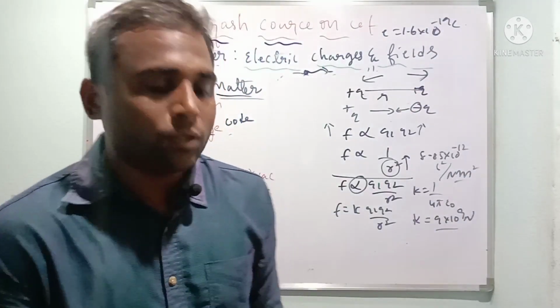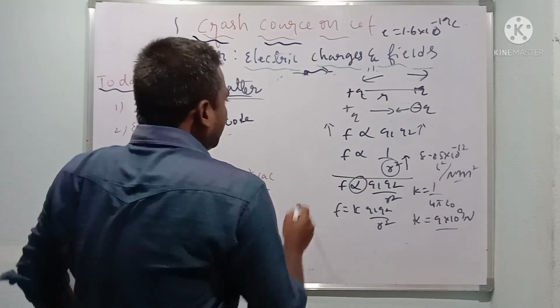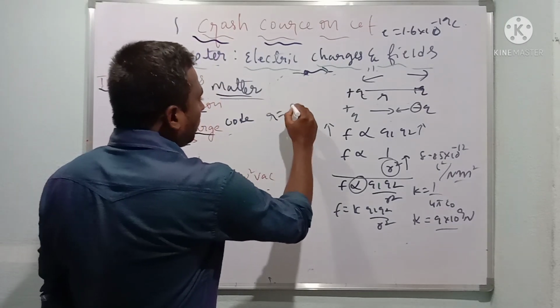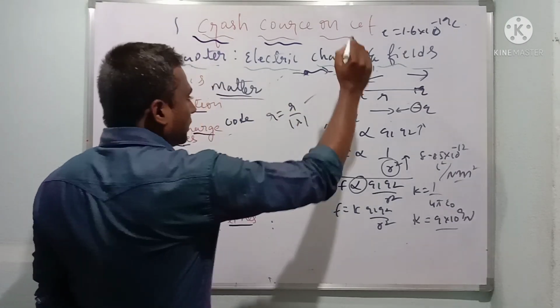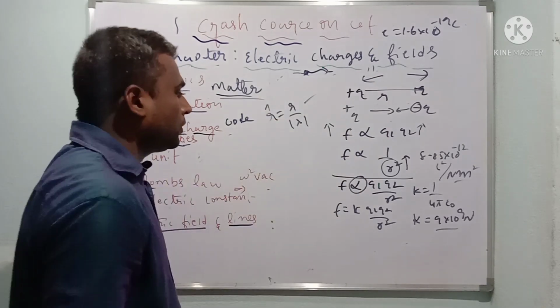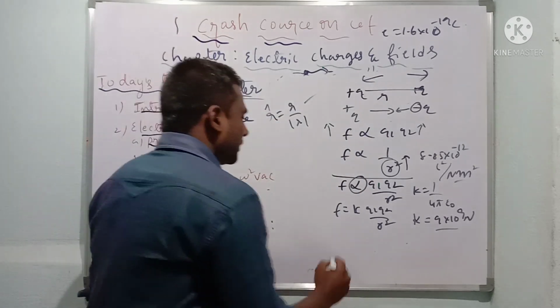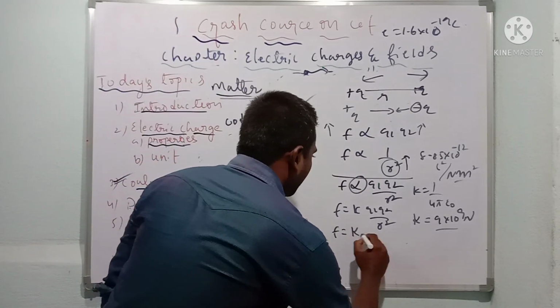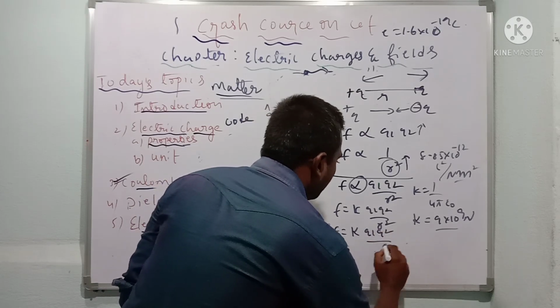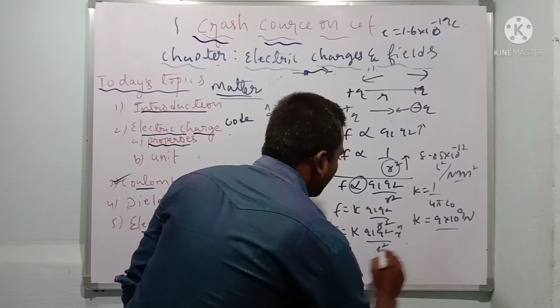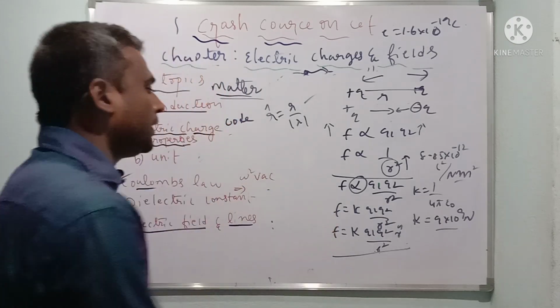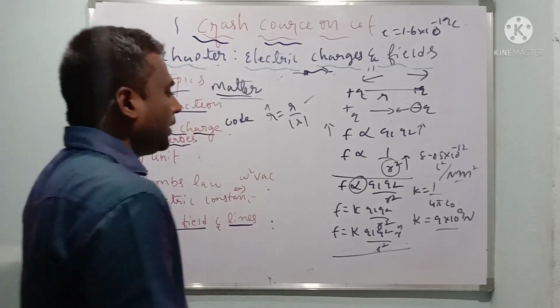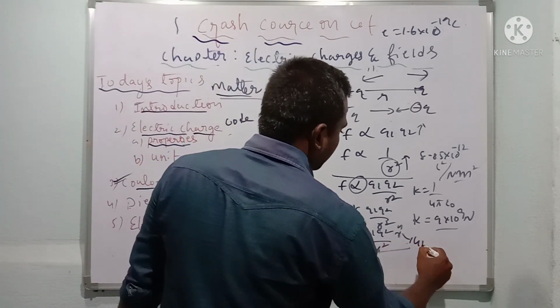Vector by its magnitude. That is given by the symbol r cap, equal to r vector by its magnitude. This is called the unit vector. So in vector form we can represent F is equal to K into Q1 Q2 divided by r square into r cap. This is the vector form of Coulomb's law, and this is called the unit vector.